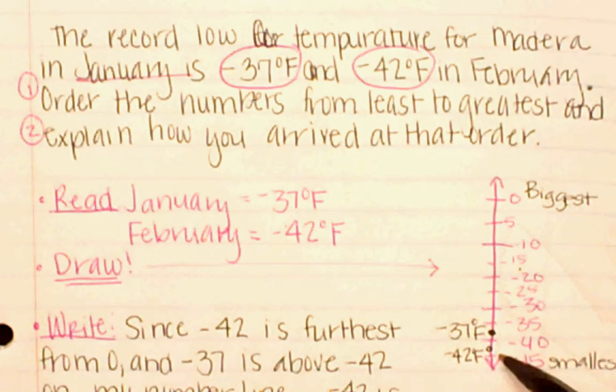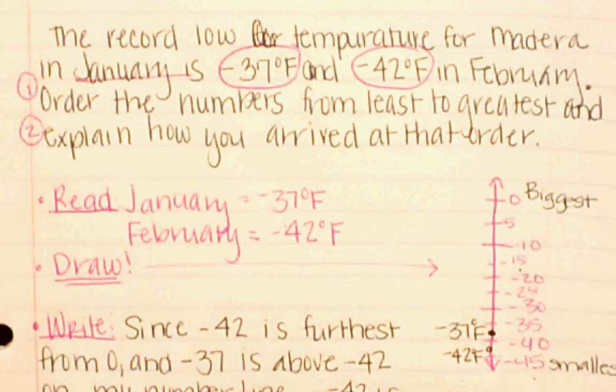So since 42 is furthest from 0, negative 42 is the smaller number.